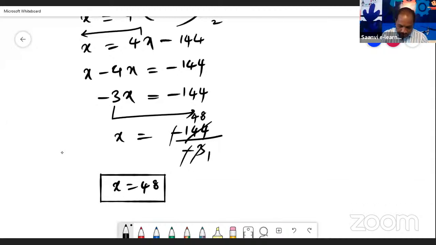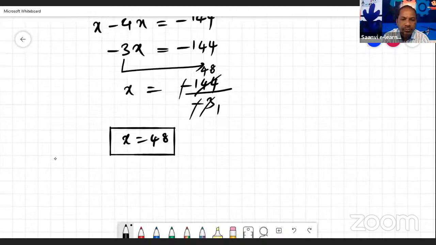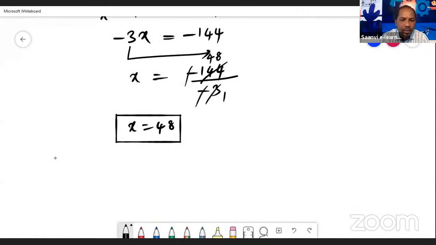And he asked to find the integers. Now what are the integers? Therefore, the two positive integers: the first one is x, that is, 48.